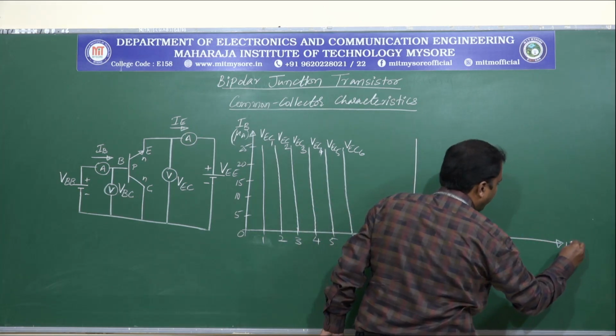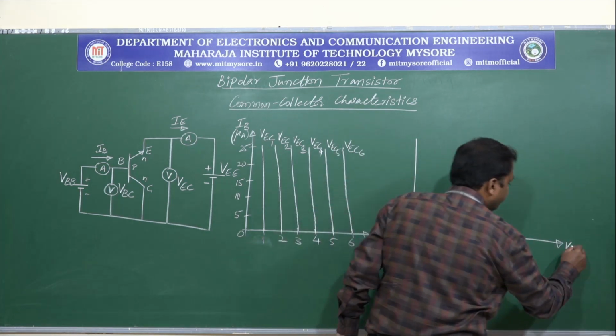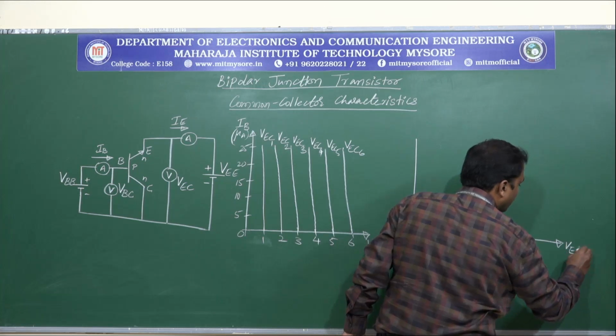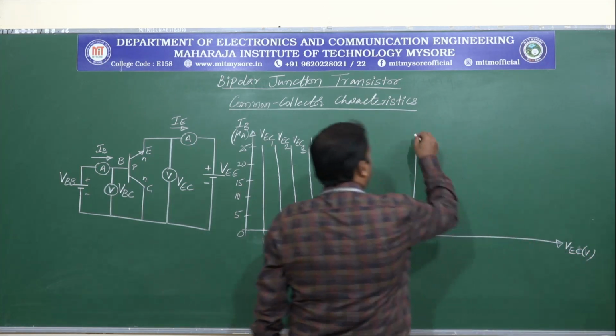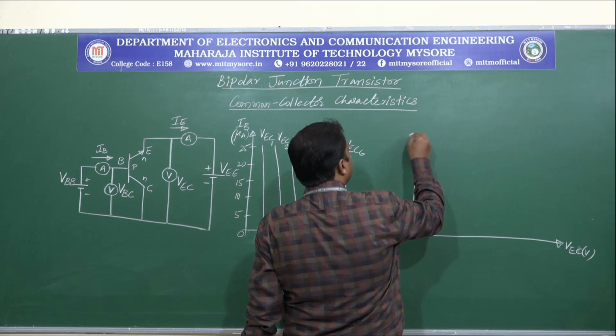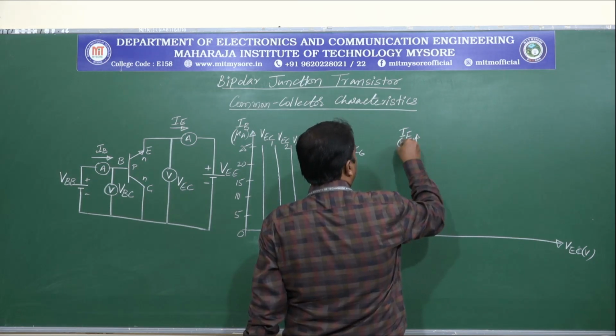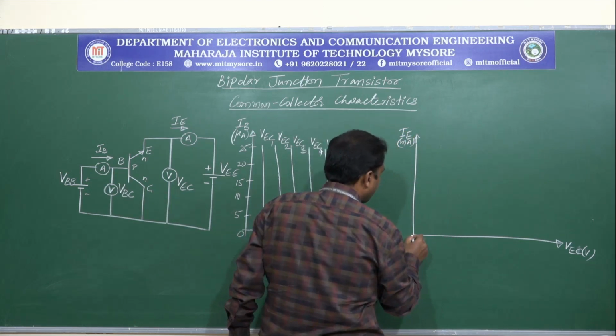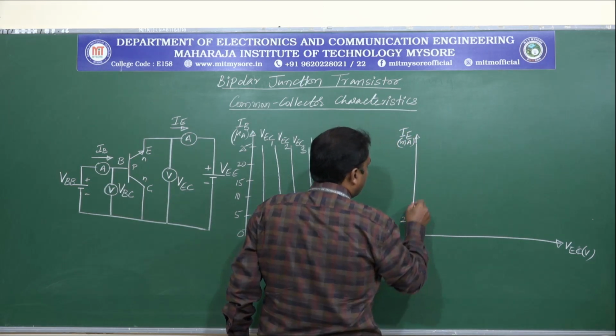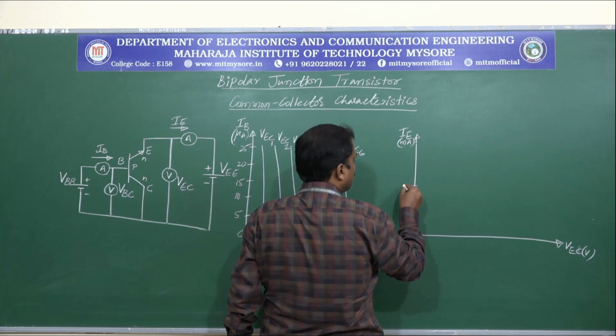Here we'll have VEC, and on the y-axis we'll have IE in milliamperes. This is 0. Let us have the step size as 2.